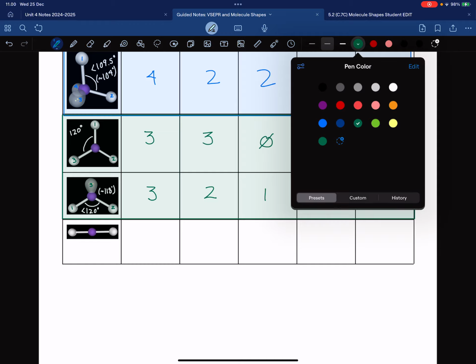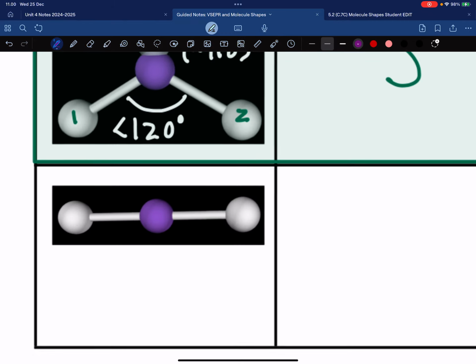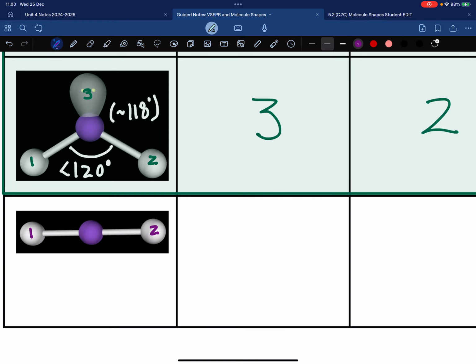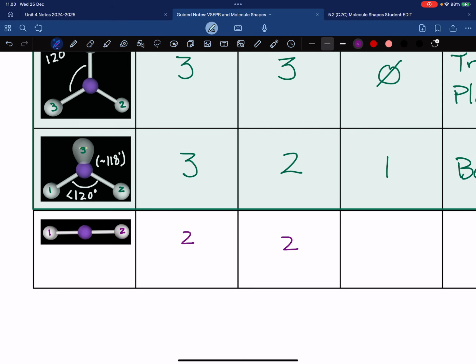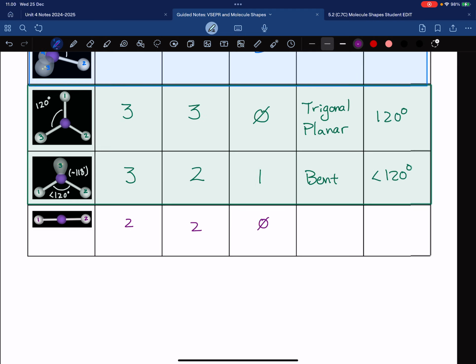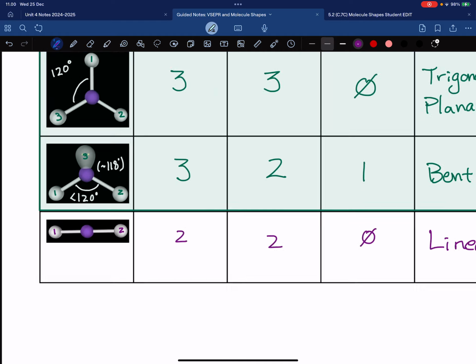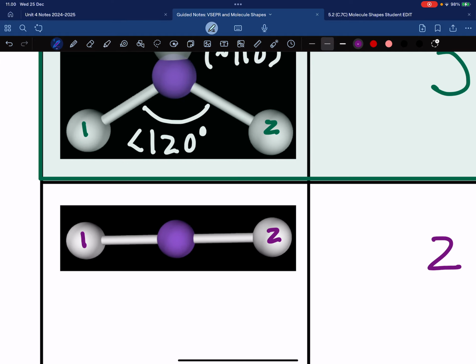Last one. This only has 2 things hanging off the central atom. Electron domains are 2. Bonds are 2. Lone pairs are 0. That is linear, right? It's just a straight line. And of course, because it's linear, bond angle of 180 degrees.